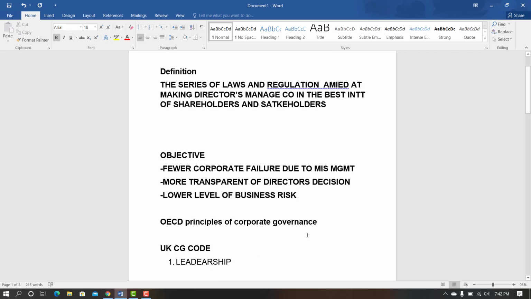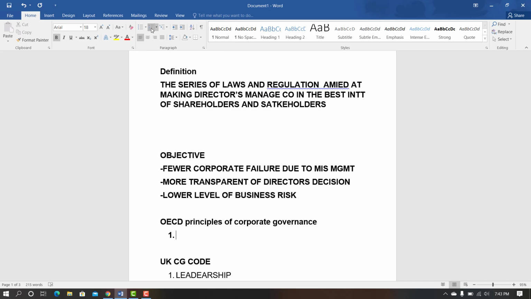So let's move to the OECD principles of corporate governance. What is the full form of OECD? It is Organization for Economic Cooperation and Development. There are many principles under this, but we are highlighting 6 points here.